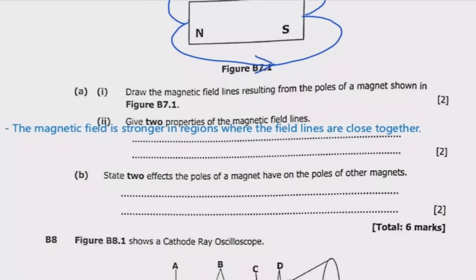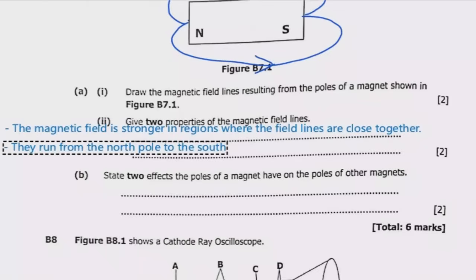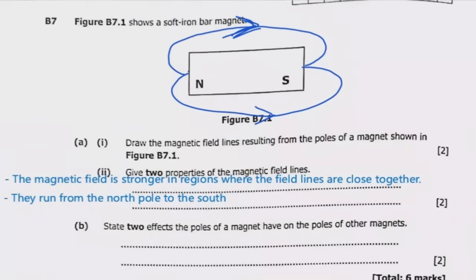Point number 2 is that they run from the North Pole to the South Pole. If we come to the diagram here and take a look at it, you'll find that the lines are running from the North Pole to the South Pole, as you can see from the arrows.